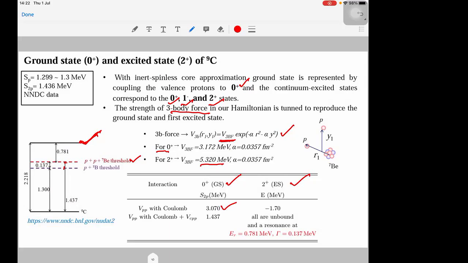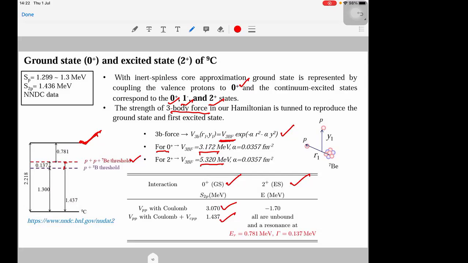So in order to recover the 2 proton separation energy, we need a repulsive three-body force. By tuning that three-body force, we can obtain the correct 2 proton separation energy. Now one can ask me, why don't you use the same three-body force for all other excited states? I will come to it.